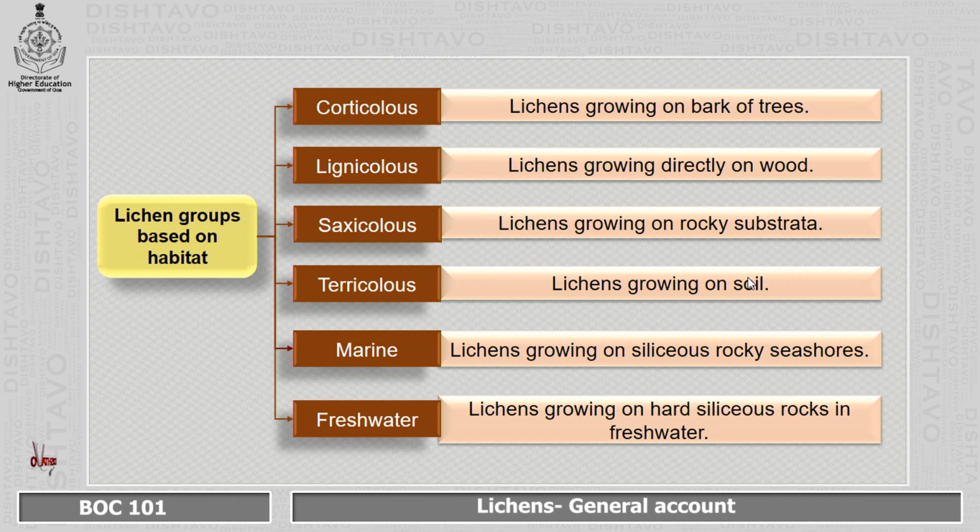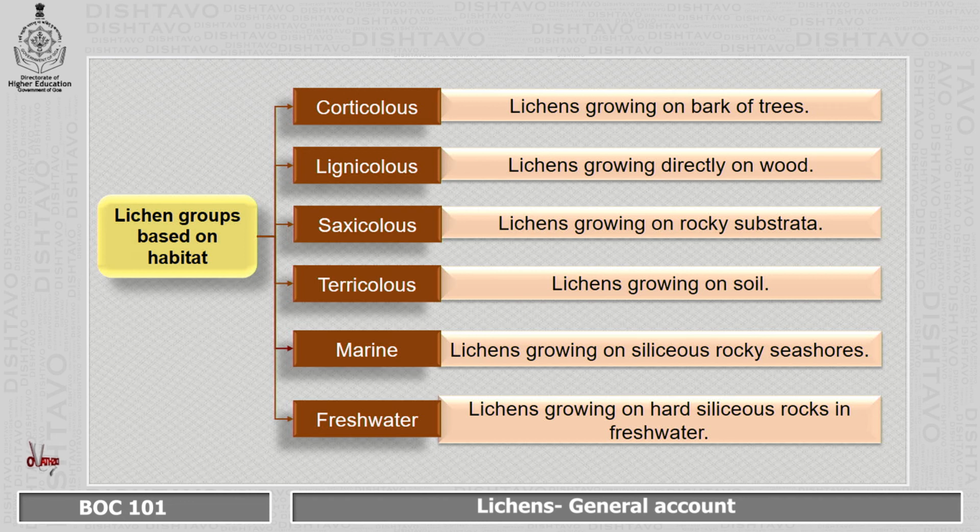The next grouping of lichen is based on the habitat in which it is found. So, based on the habitat, lichens can be grouped into 6 groups. First is the corticolous lichens which grow on barks of trees. Second are the lignicolous lichens which grow directly on wood.